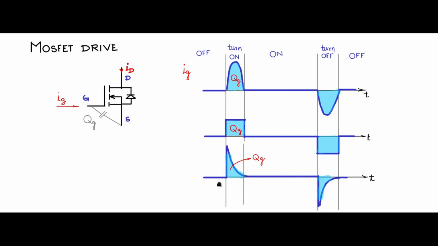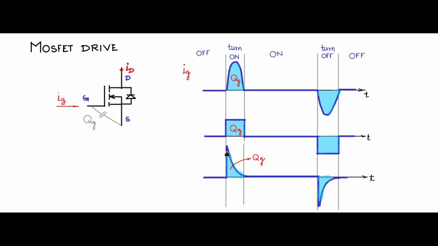This is also valid. In fact, this is the type of current wave shape that we will see mostly, because it is much easier to put an RC drive circuit rather than trying to achieve constant current in a constant current pulse drive circuit.